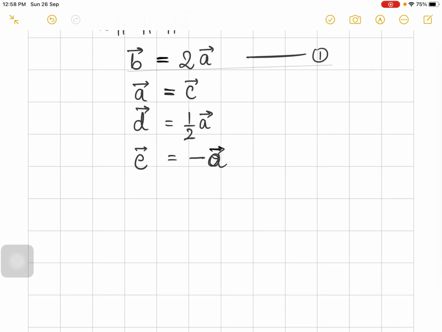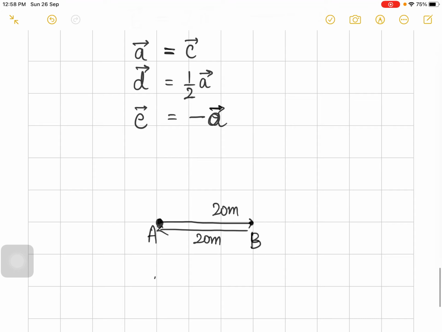Now tell me something. Let's say a person started from point A, went 20 meters towards east to a point B, and after some time came back to A, covering the same straight line. So what's the final displacement of this person who started from A?